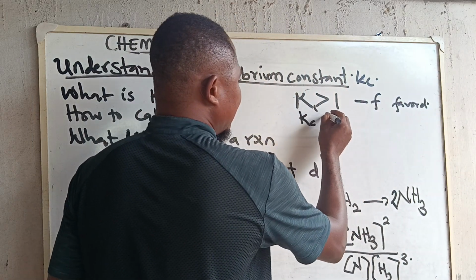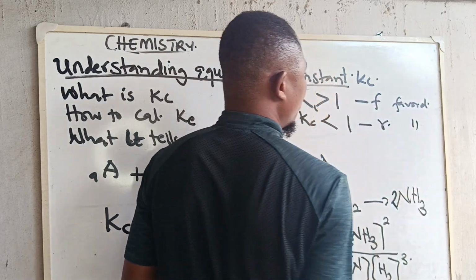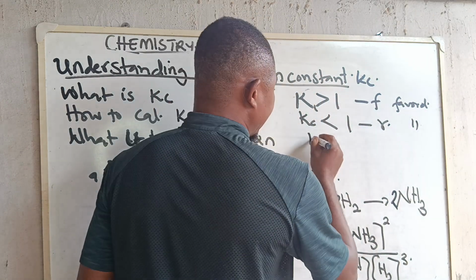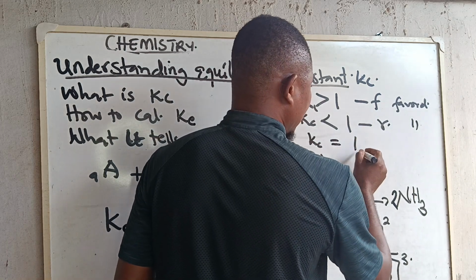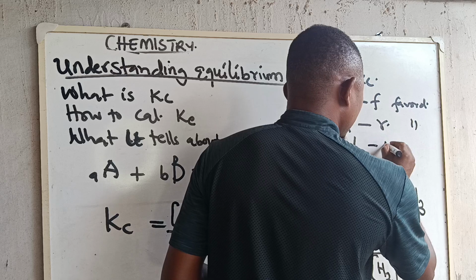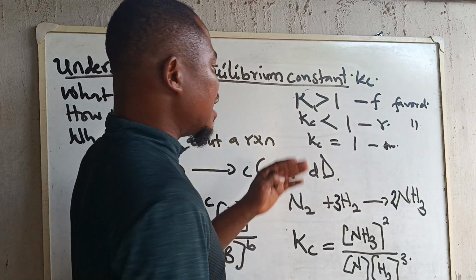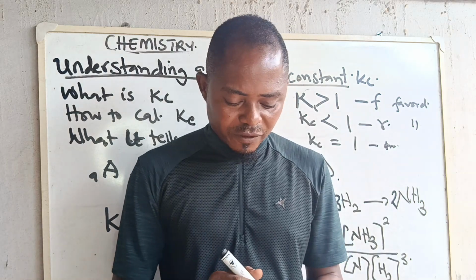When Kc is less than 1, the reverse reaction will be favored. When Kc is equals to 1, it means that the system is in what? Equilibrium, and the amount in the system, the concentrations are stable. Neither the forward nor the backward reaction will be favored.